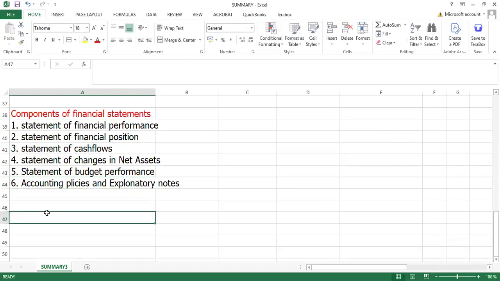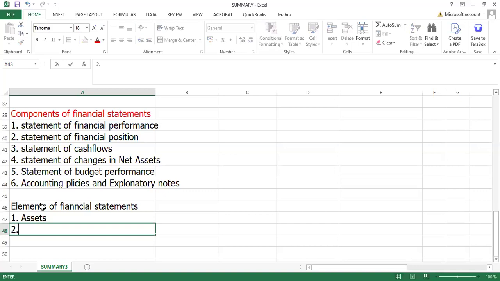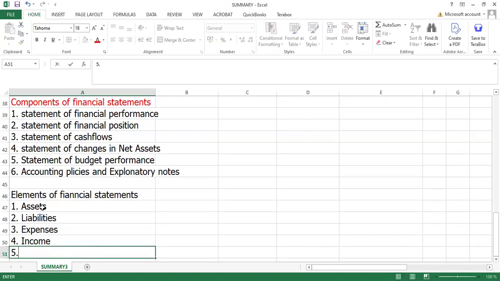What about the elements? You have the assets, the liabilities, the expenses, revenue or income, and net asset components.